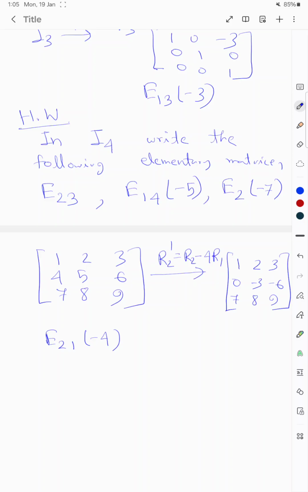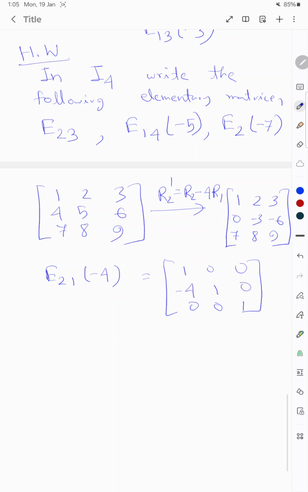Okay, so I think this is clear that if you do this R2 minus 4R1 in your identity matrix, you will get E21 minus 4. How does this matrix look? Basically you can think 1 0 0, the 2 1 element will be minus 4, right? 1 0 0, 0 1. So you know this matrix.